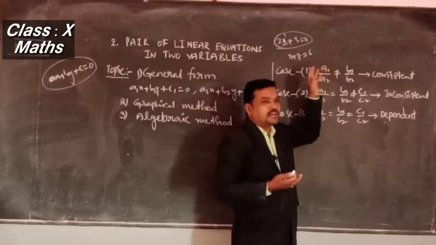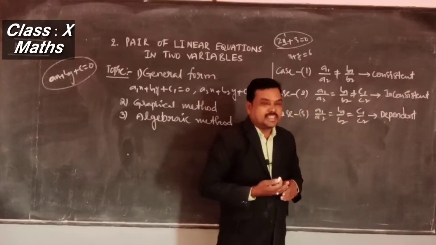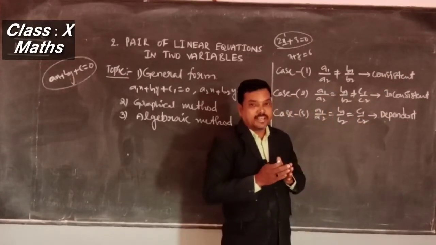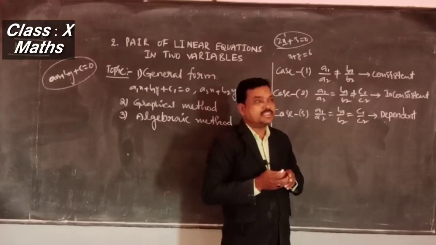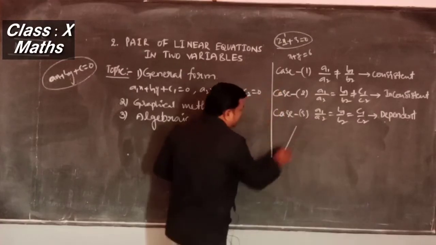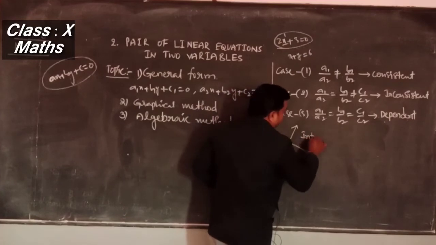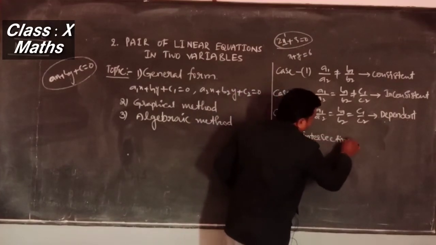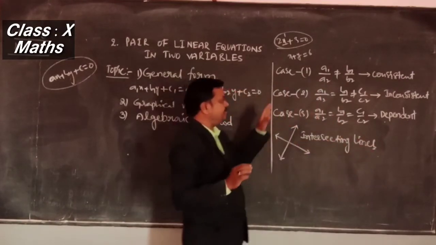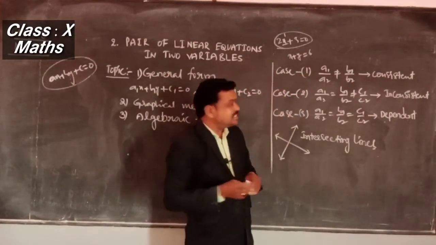When the two ratios are not equal to each other, the pair of linear equations is consistent.